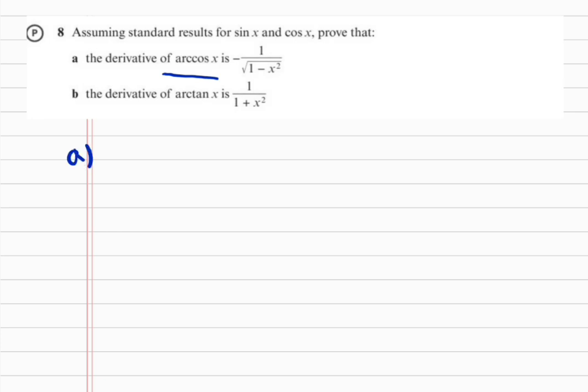So let's see. For part one, we can start by saying let y be equal to arccos x. So that's the first step. It's a nice trick that we use in questions that have inverse trigonometric functions.